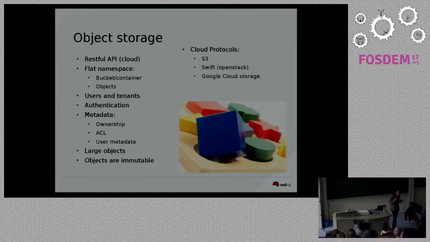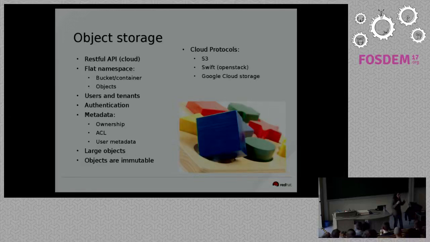So it's just two levels. You have these, Amazon called them buckets, Swift called them containers, we have pools. So just a container of objects is the way to organize your objects into groups and maybe add some properties for that. So that's a bucket, and inside the bucket you have those objects.